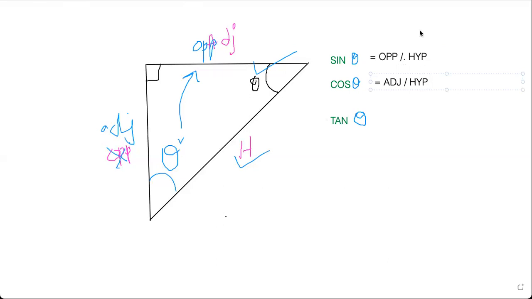This is the formula of cos theta. The formula of tan theta: tan theta is equal to opposite divided by adjacent. These are the formulas for these trigonometric ratios. For example, let me show you how to use these formulas.